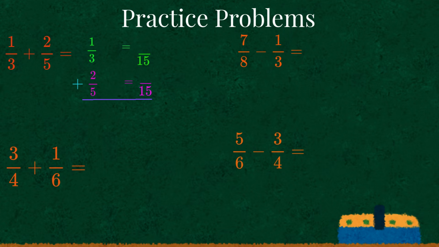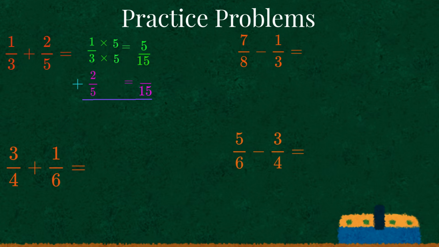So now we must see, 3 times what gives me 15? Well, 3 times 5 gives me 15. If I multiply my denominator by 5, then I must multiply my numerator by 5 as well. So 1 times 5 equals 5. So my new fraction is 5/15.